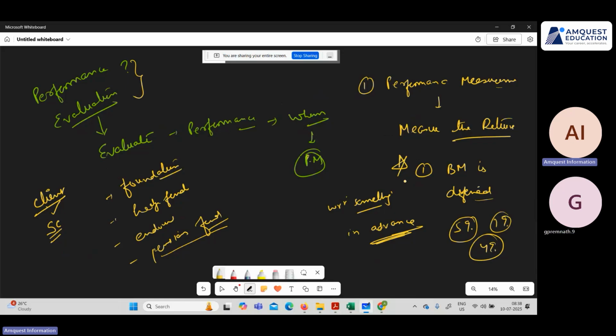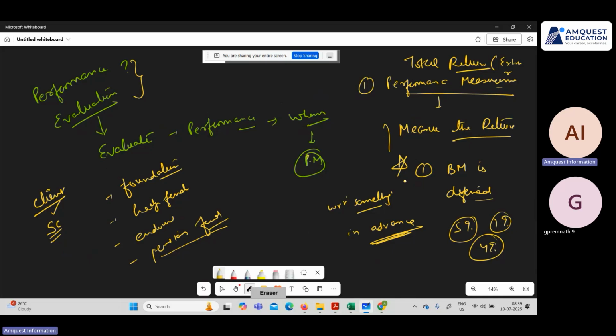I am going to evaluate my performance based on the S&P 500, and then you calculate whether, with respect to the S&P 500, I gave you more return or less. Performance measurement talks about the total return, the extra return, the alpha I get with respect to the benchmark.